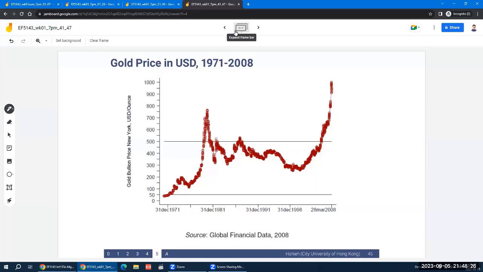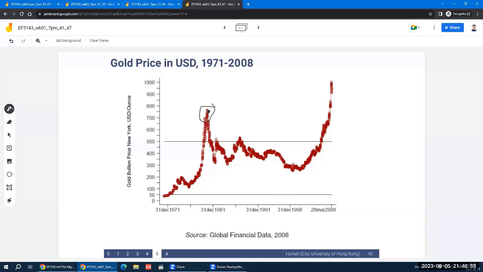So this is the gold price over time from 1971 to 2008. Of course, I can extend it to the pandemic. You're going to see the same thing. Every time we see a loss in confidence in the US dollar, there's going to be a spike. So here we have oil shocks in which the price of oil exploded, and naturally when the price of oil explodes, it means the dollar is weakening.